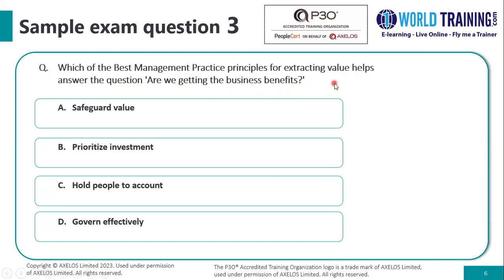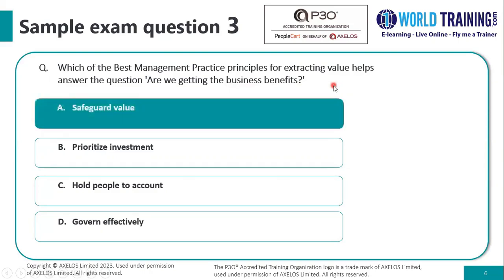So the correct answer for this particular question is A, safeguard value. It ensures that the business owners can identify via the benefits tracking service provided by a P3O whether the benefits are being achieved. So that's a way of safeguarding value.